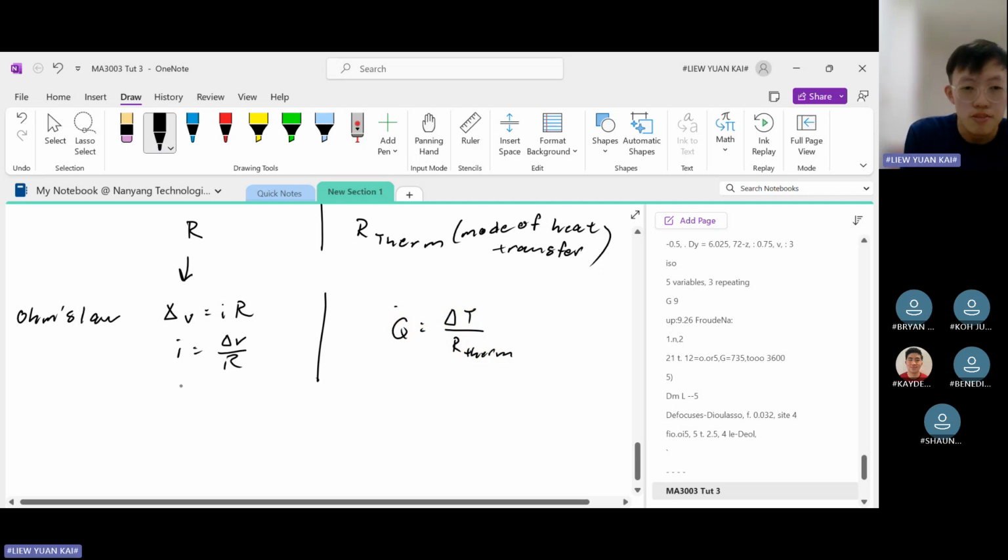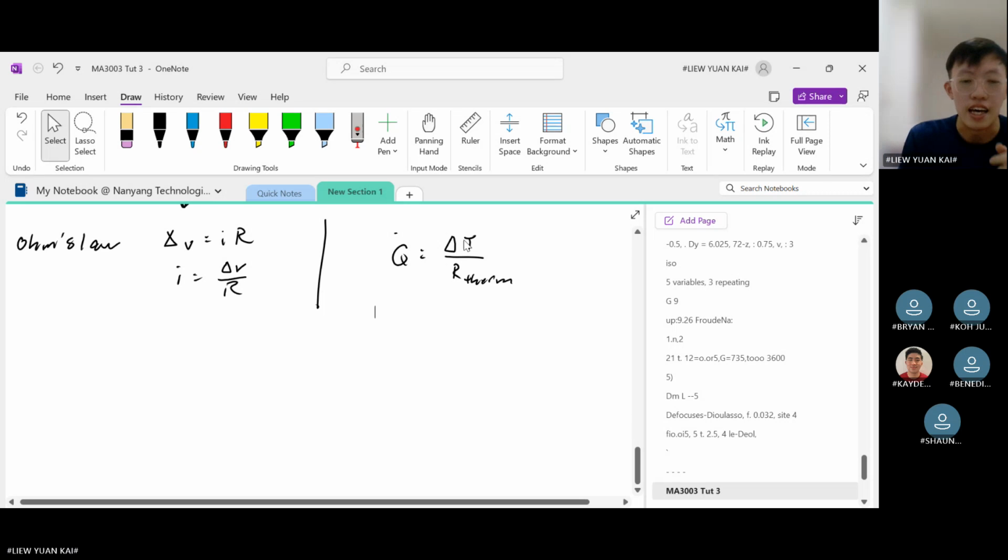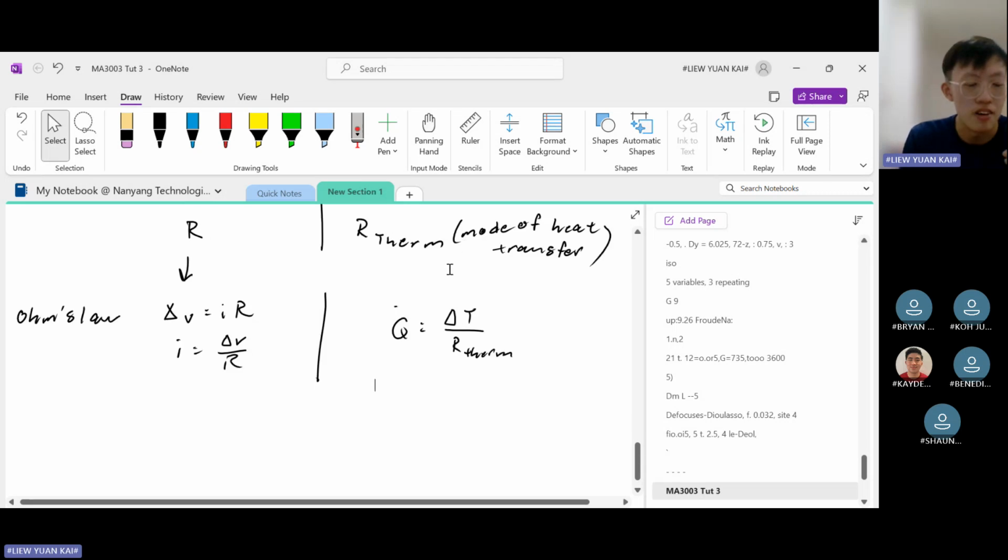So Ohm's law, we already learned from MA2009, and we're going to apply that similarly to MA3003 in heat transfer. While we are on this note, it is important to know the direction of the heat transfer because it will affect how you apply this formula. Let me explain what I mean.